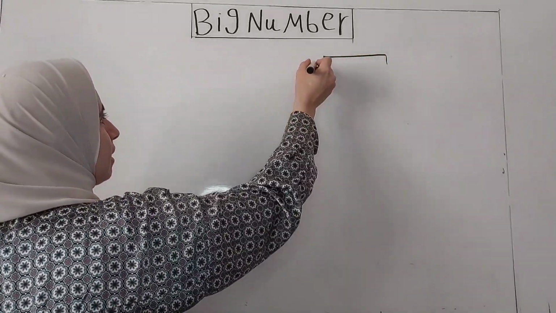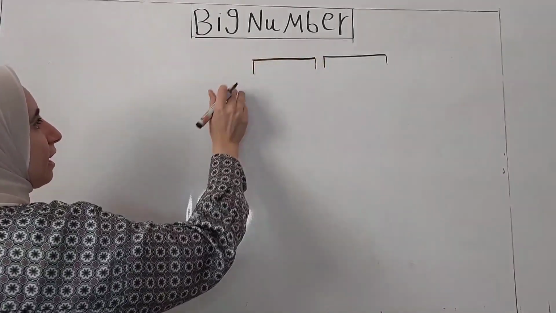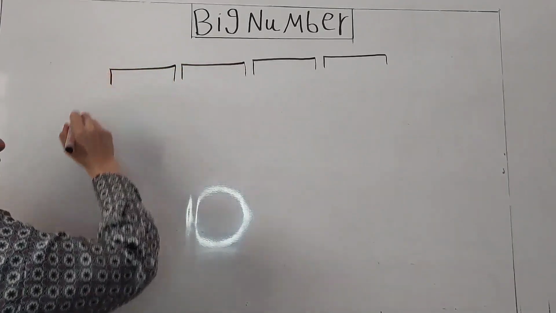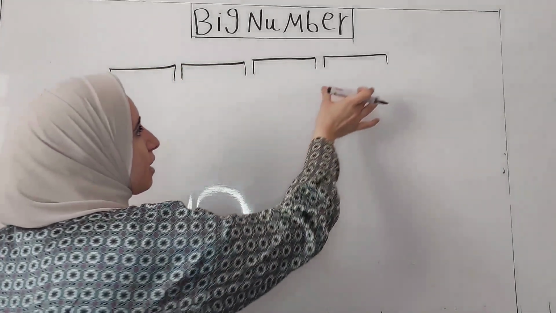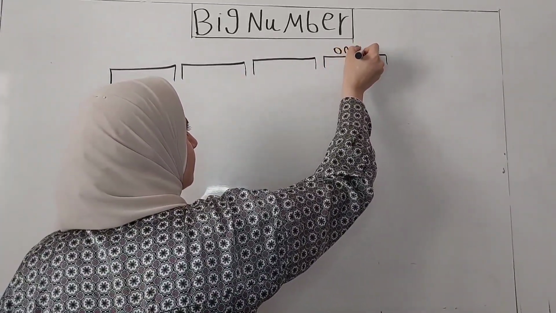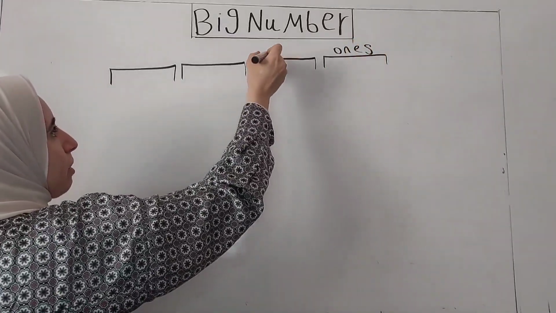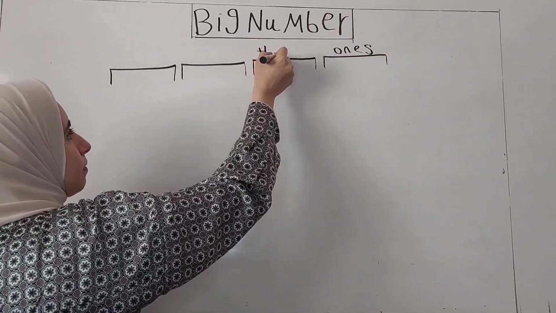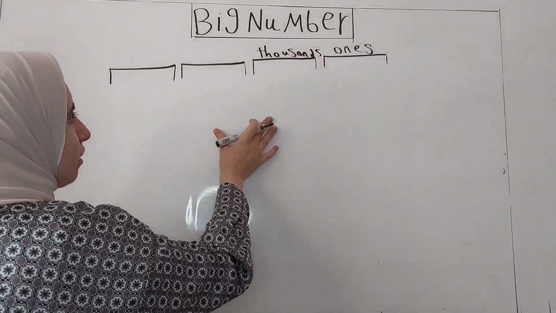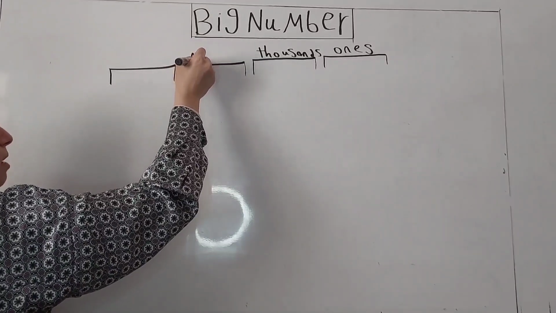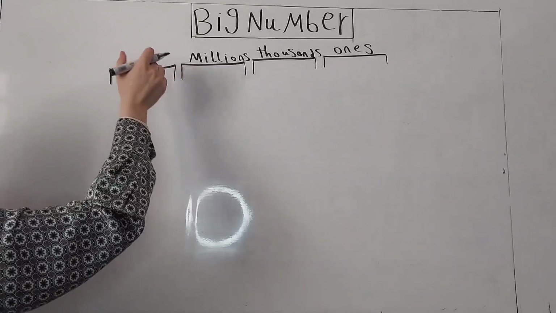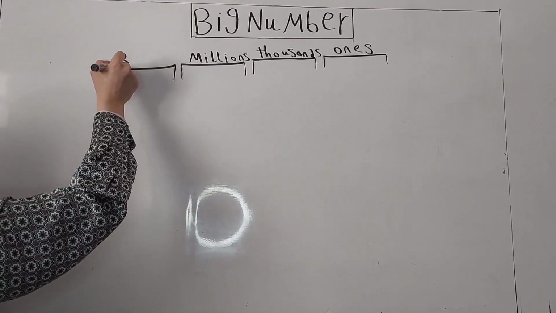The first family is called ones, the second family is called thousands, the third family is called millions, and the fourth family is called billions or milliards.